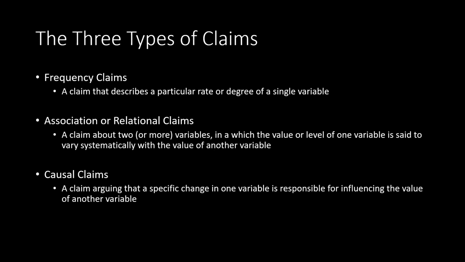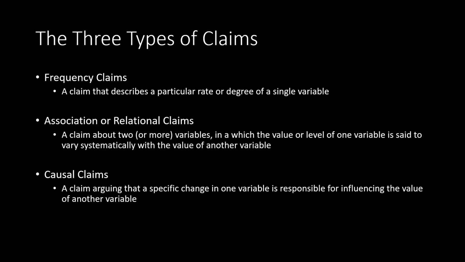Moving on to the types of claims that you will find in empirical science. The first are frequency claims, and these are claims that describe any type of particular rate, number, or degree of some single variable. You could hypothetically have frequency claims about multiple variables all presented at once, but please know that even when they're all presented at once, technically it is specific to each individual variable.